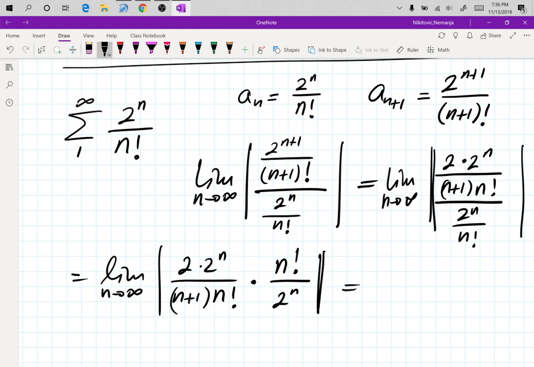So now what do we kill? 2 to the n and 2 to the n, gone. n factorial, gone. And we are left with the limit as n goes to infinity.